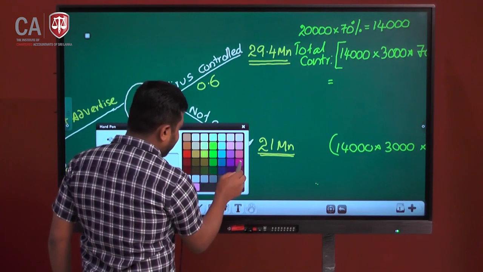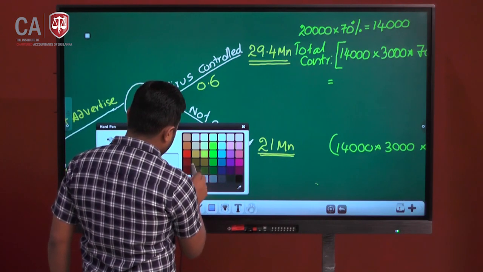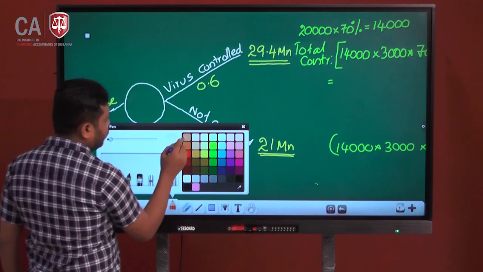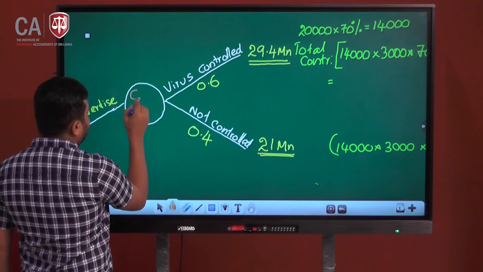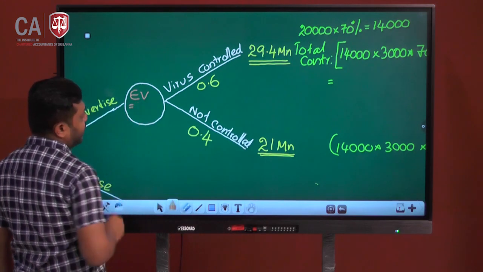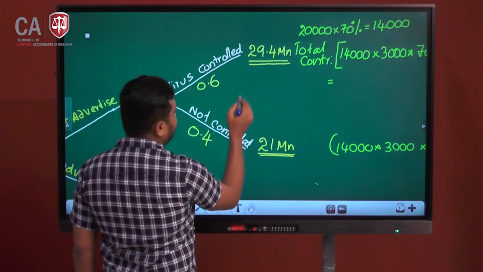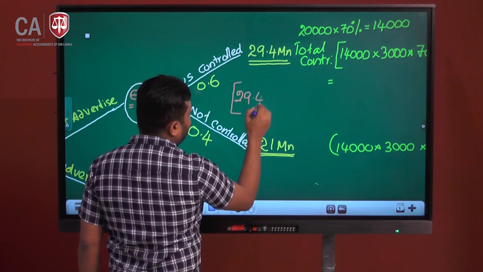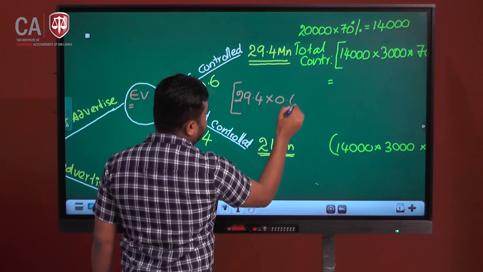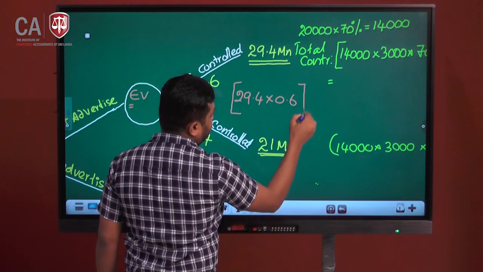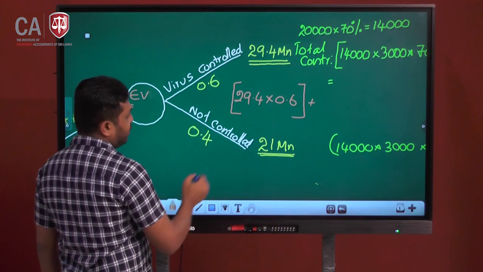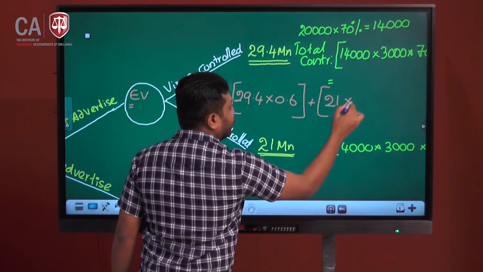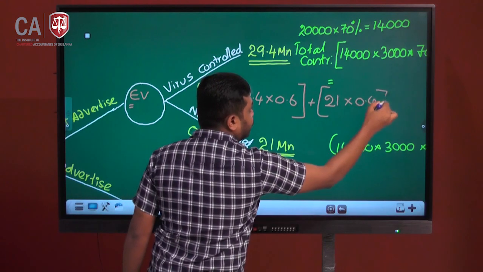Then you can get the expected value. What is the expected value? You can calculate 29.4 into 0.6 plus 21 million into 0.4.